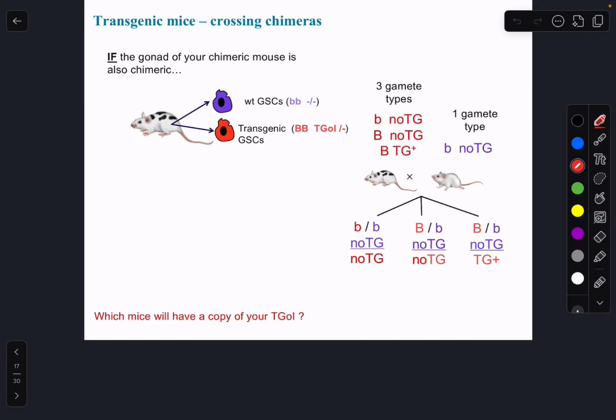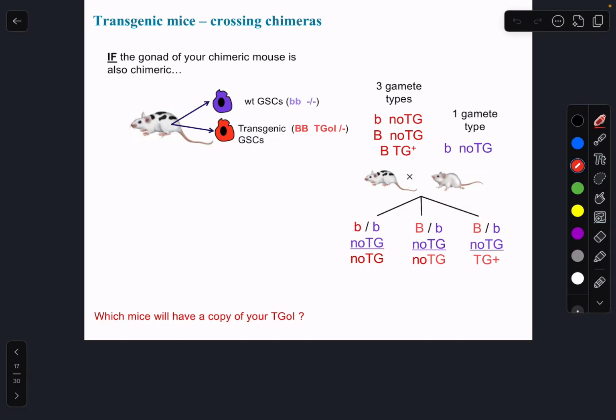So some of them are going to be wild-type germline stem cells that come from a white background and have no transgene. And some cells are going to be transgenic germline stem cells, the ones that you got from the culture plate, if you will, from the culture dish. And those are going to be from a black background and will be heterozygote for your transgene of interest.